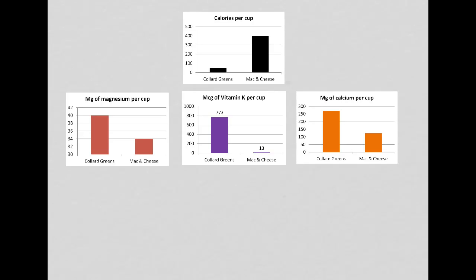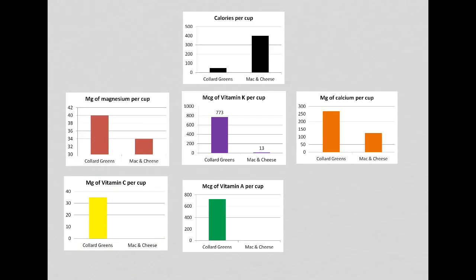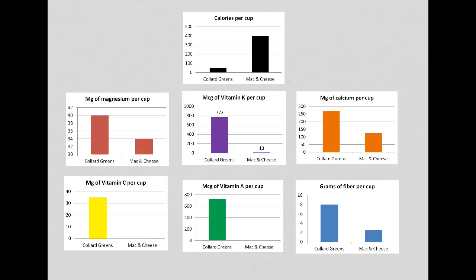Collards have over twice the calcium as mac and cheese. Collards have 35 milligrams of vitamin C, while mac and cheese has none. Collards have 722 micrograms of vitamin A, and mac and cheese has none.